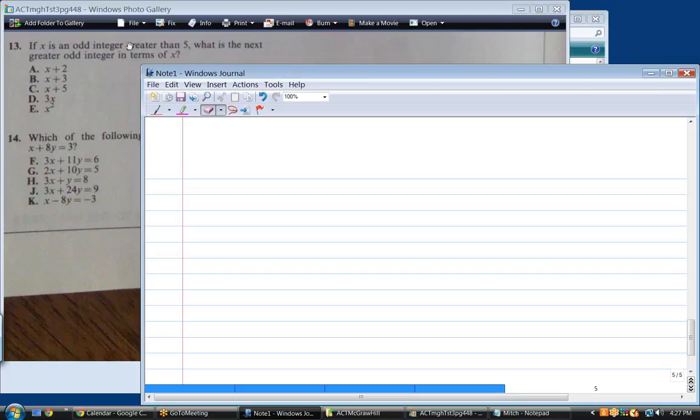It's got to be greater than 5. So we'll assume that x is 7. Well, what's the next greater odd integer after 7? 9. And what is 9 in terms of x? x plus 2. That's it.